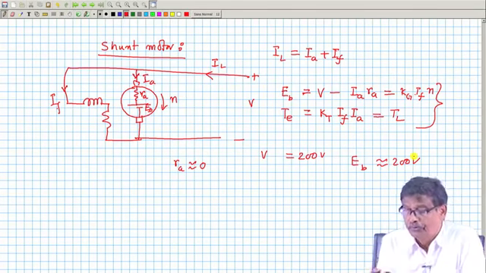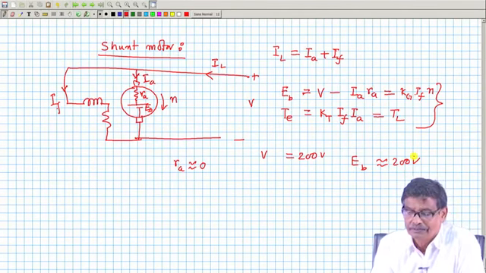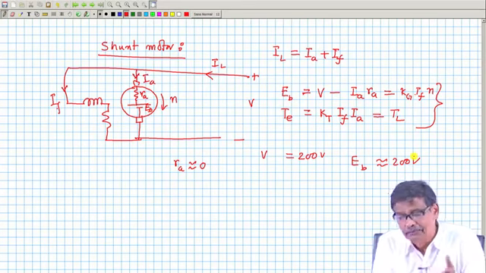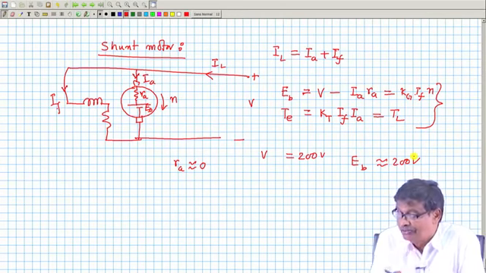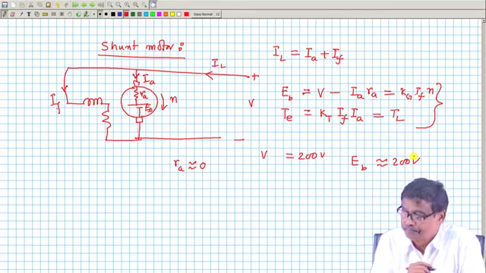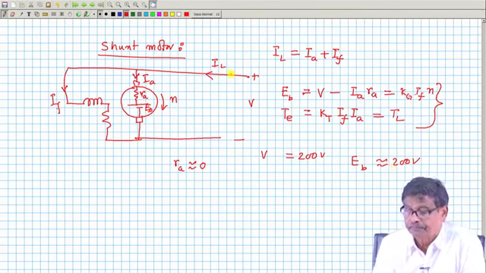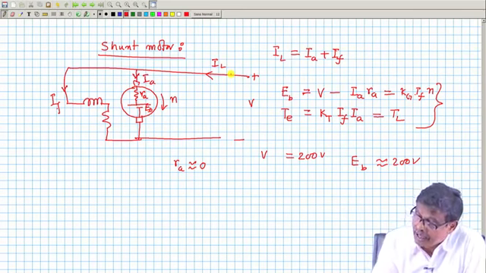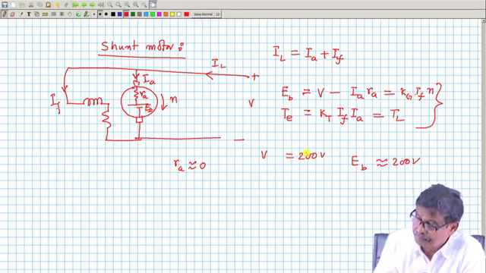Then you must understand that the back EMF is going to be V. Perhaps I am playing with field current, but I will always state that back EMF is fixed. If back EMF is fixed, and suppose initially you have applied 200 volt.